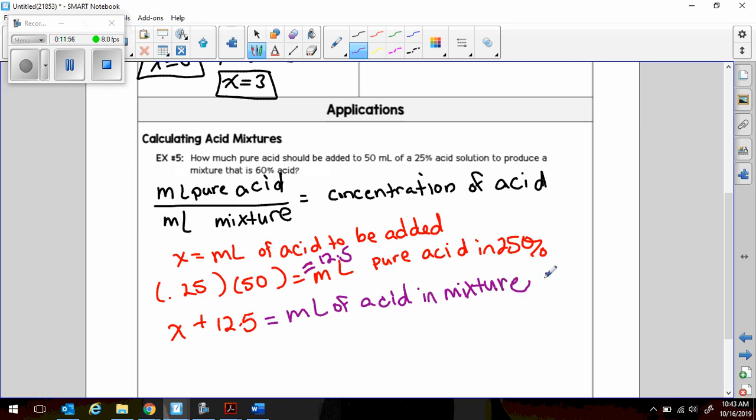This is the part. Well, x plus 50 is the milliliters of resulting mixture. This is the whole.